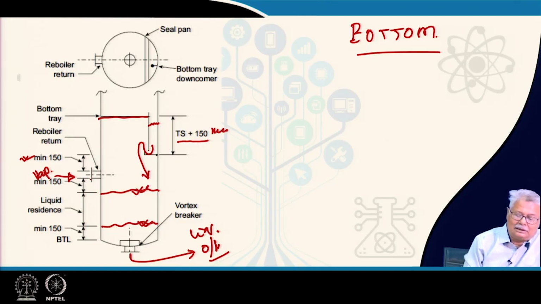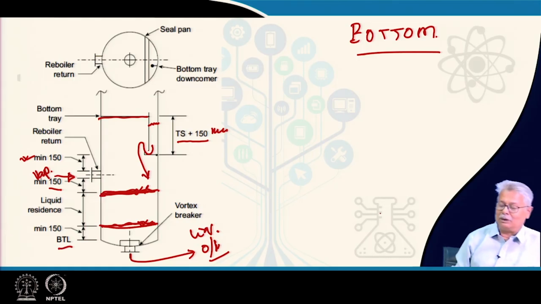And below the vapor entry, you require another 6 inches, which is 150 millimeters, for the maximum liquid level that you can afford to have, because you do not want your vapor to bubble through the liquid. So, this is the maximum allowable liquid height, and there is a corresponding one. The corresponding one typically is about 150 millimeters above the bottom tangent line.